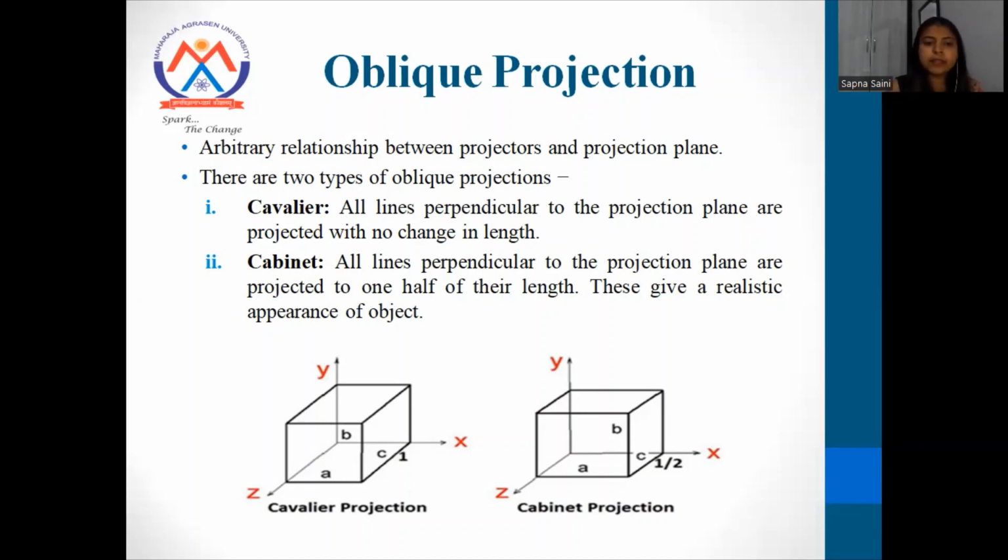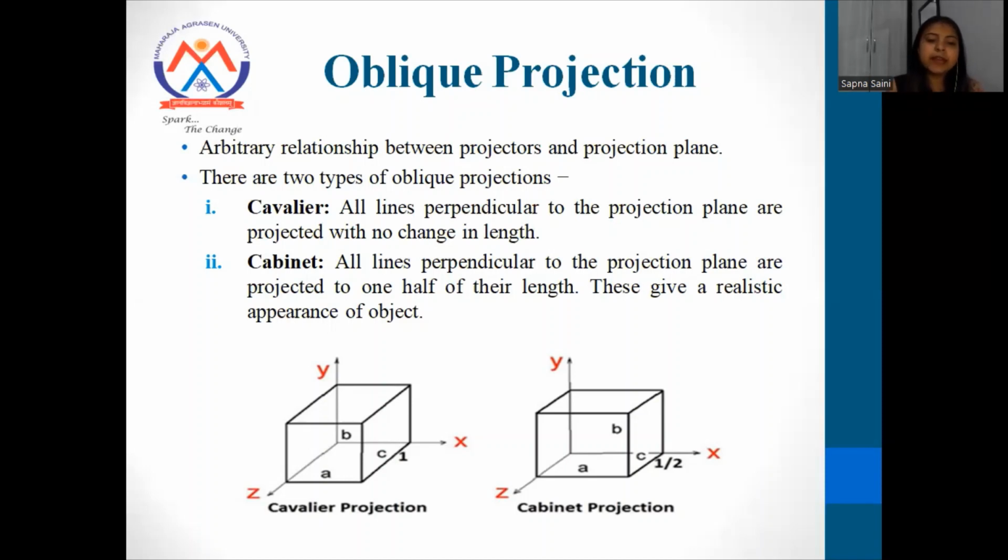So in cavalier, what is this cavalier? All lines perpendicular to the projection plane are projected with no change in length. The object will be as it is in its length. All lines that are perpendicular, that means at 90 degrees to the projection plane, are projected with no changes in length.